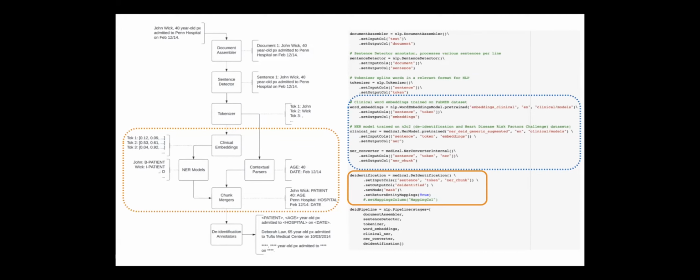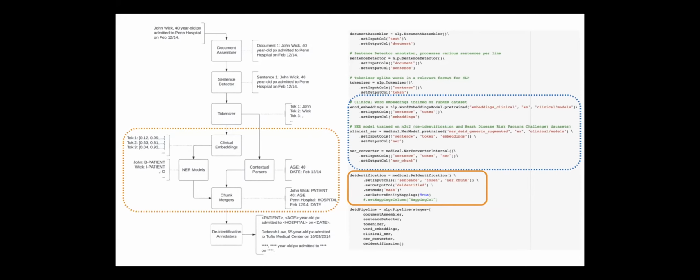the chunk merger. The chunk merger is basically taking the output from the deep learning-based named entity recognition model, the contextual parser, and the regex matcher, and then merging all of them so that each token gets only one label. There are some prioritization rules in the chunk merger, so that we only get what we need at the end. Otherwise, the weak entities might be returned. Let's consider age and date entities, right? They are simple.